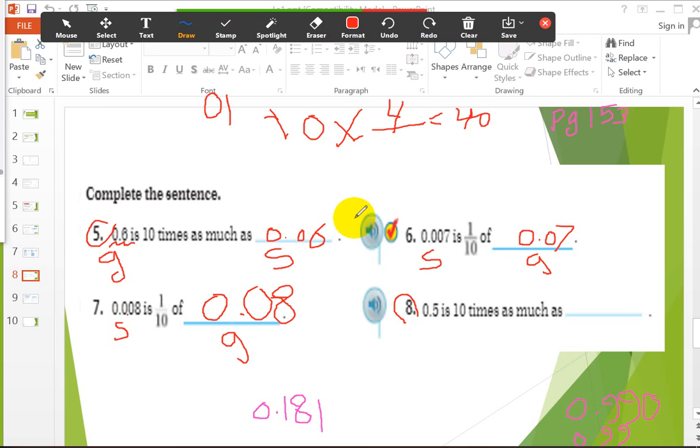So the same strategy here. I gave you the answer, not the number that I have to multiply with 10. Okay, Larissa, this is the strategy. So in number 8, if I told you 0.5 tenths is 10 times as much as a number, what is the number that, if you multiply it with 10, will give you 0.5?